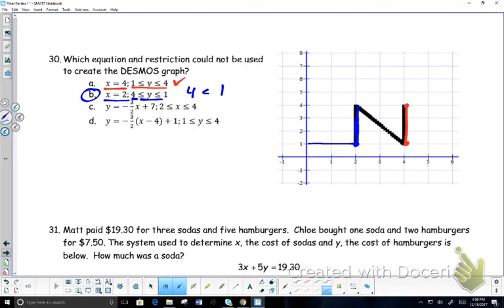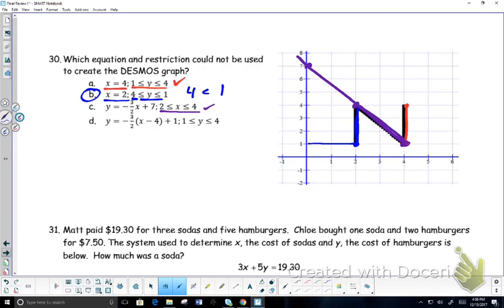But once again, we're going to finish to make sure. The next one we get is, we got a plus 7. Let's see, if I were to run this one on up, there's my plus 7. It goes down 3 over 2, so this actually represents this piece right here. And it goes from 2 on the left to 4 on the right, so this is good.